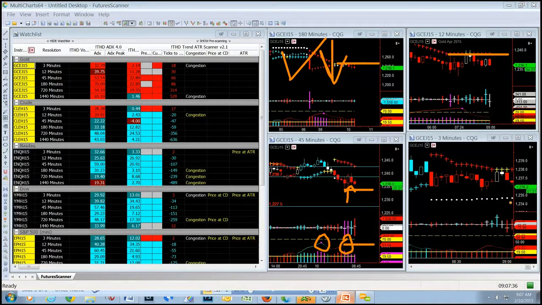Great example right here. Okay? That bar is gray because this bar did not go higher than this bar right here. That's why.